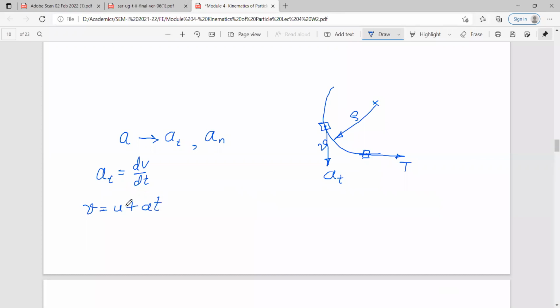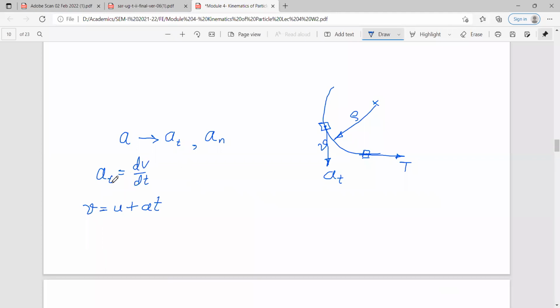It is the equation of motion when acceleration is uniform. So it is final velocity, initial velocity, and time spent between initial and final velocity.